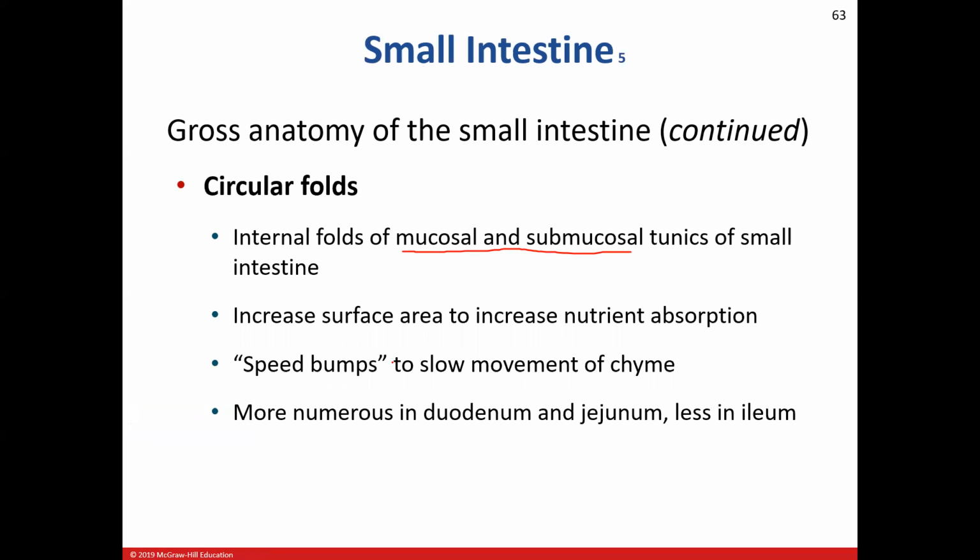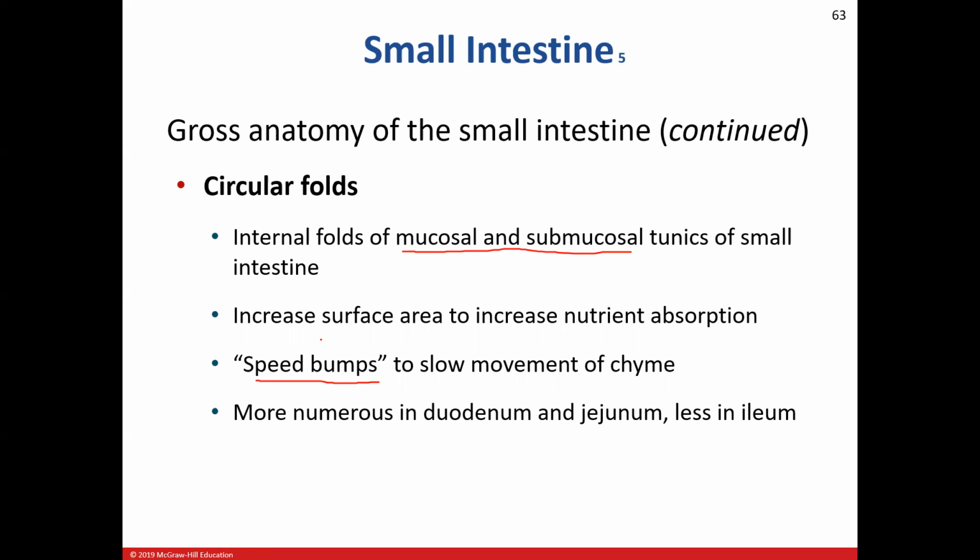And they act as speed bumps, because yes, they'll slow the movement of the chyme, which is good, because remember, it takes time to absorb these macronutrients and to break them down into their building blocks. So we want to slow that down.